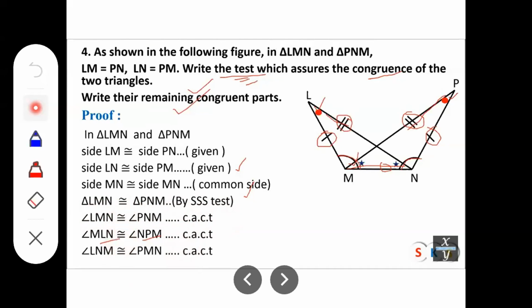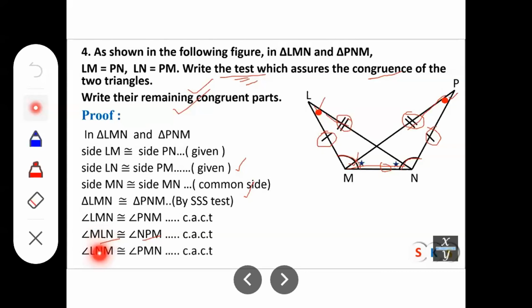So here angle M is congruent to angle N. Angle M, this complete angle, is congruent to angle N. And the three-letter name is given here: angle LMN is congruent to PNM. Now angle L is congruent to angle P.